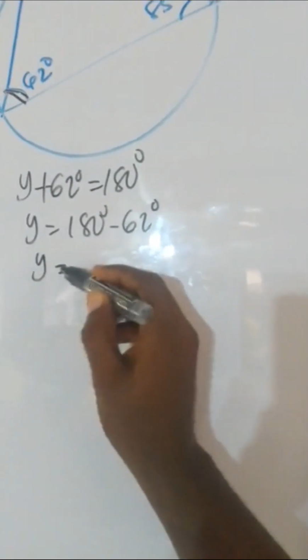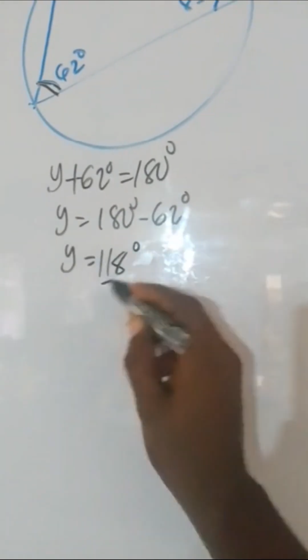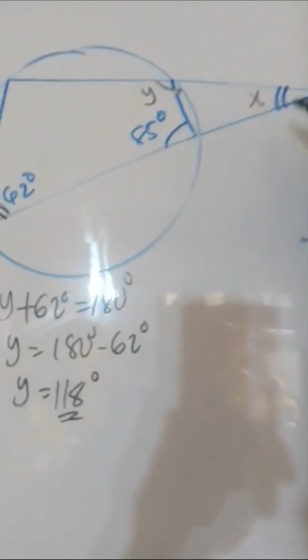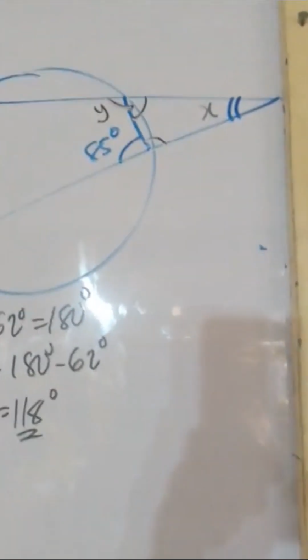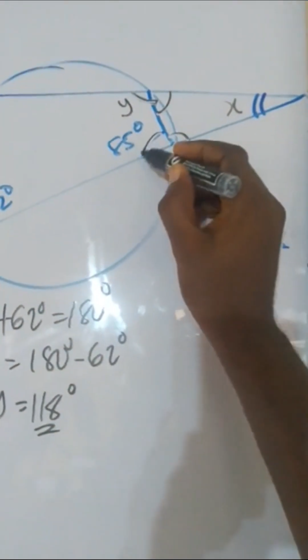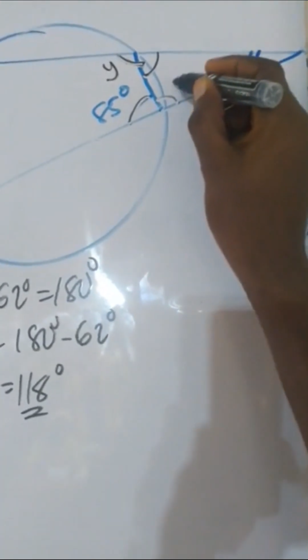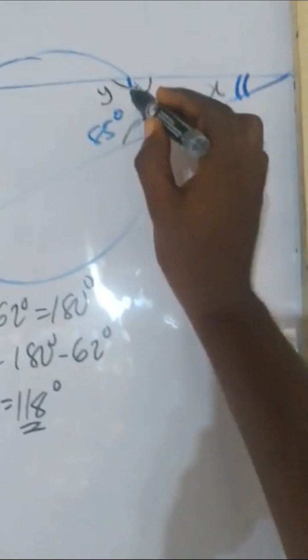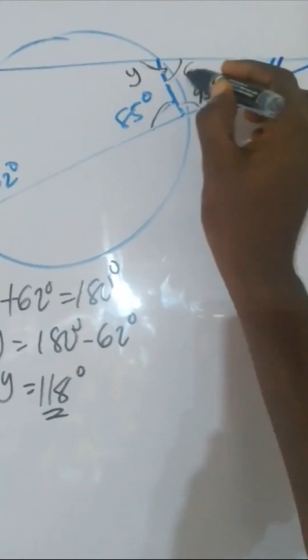What is the value? 118. To get the value of X here, we need to know these two angles so that we can use sum of angles in a triangle, right? So if this angle is 85 and total angle here is 180, this angle alone is going to be, the value of Y is already 118. What will be this value here? 62.